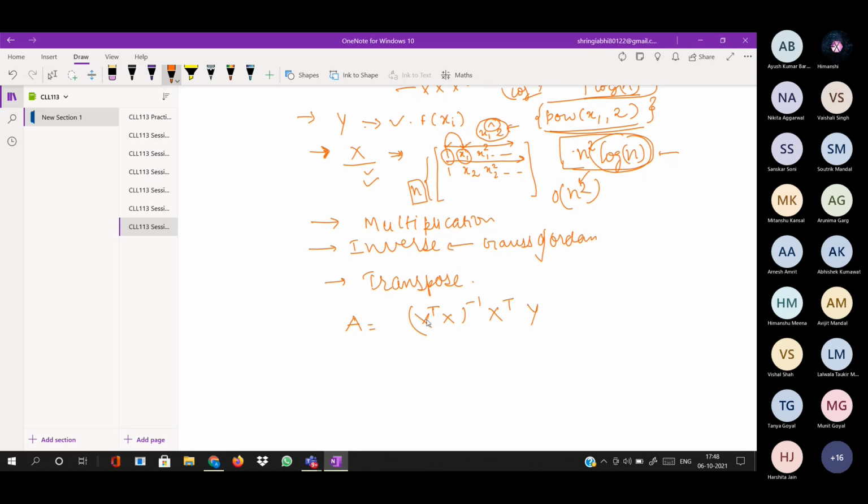So we can directly calculate it. We pass x in this and we get the transpose. So this is written in one line. You can find a in literally one line.